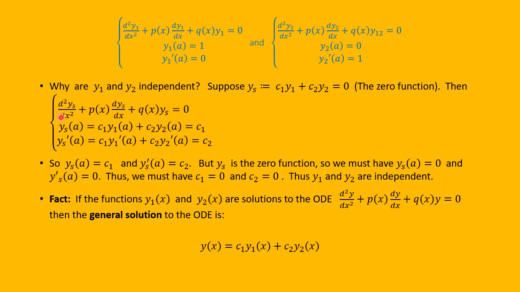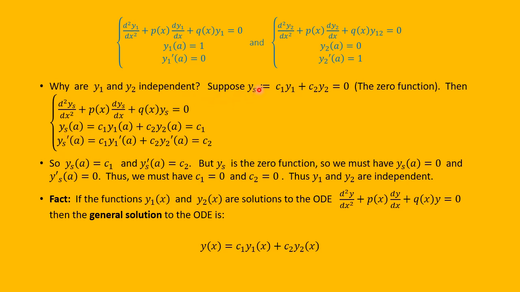So the second derivative of y sub s with respect to x plus p of x times the derivative of y sub s with respect to x plus q of x times y sub s has to equal 0 for all x. Let's look at y sub s of a.